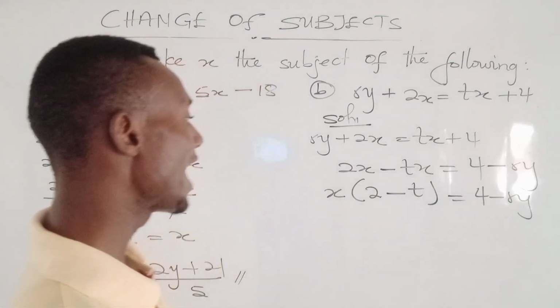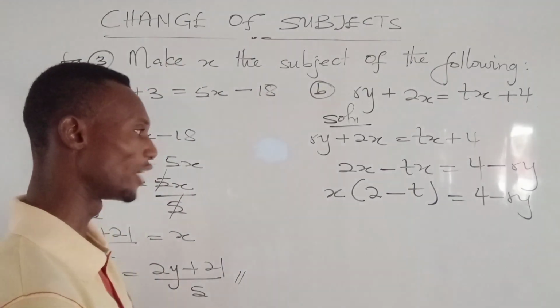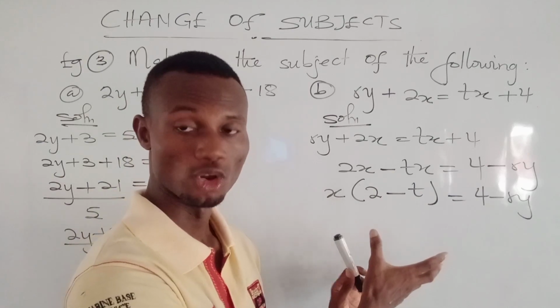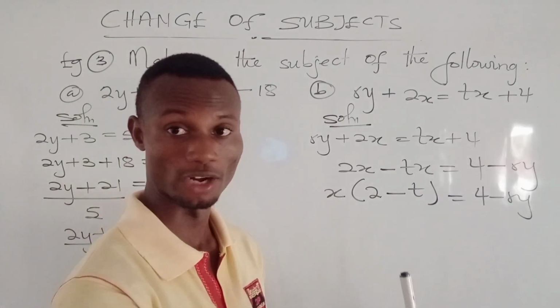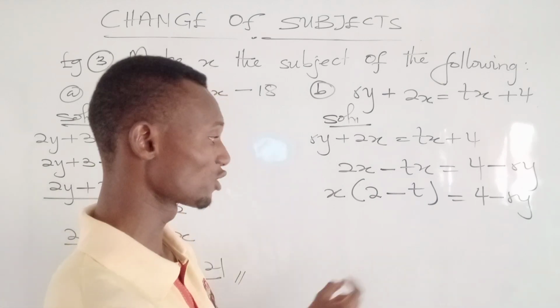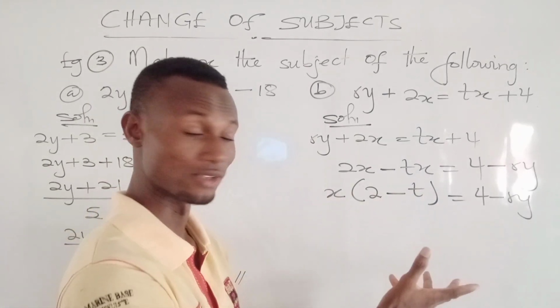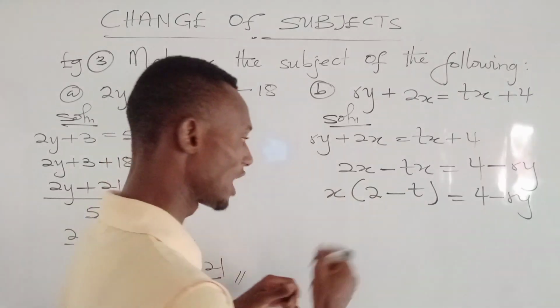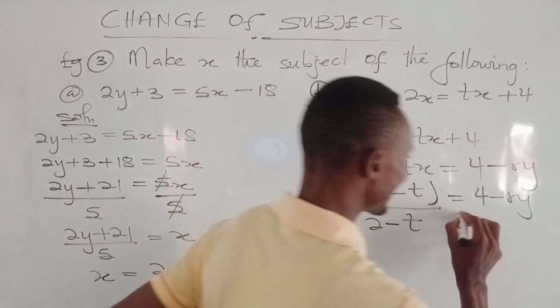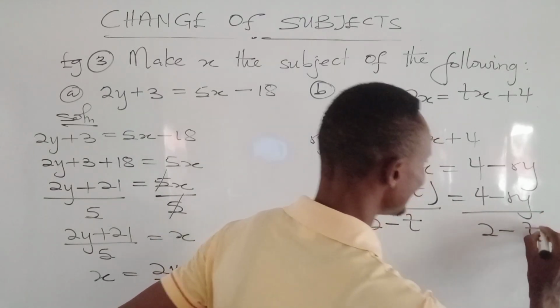For us to get our s to stand alone, you can see that this 2 minus t is multiplying the s. So for us to get s to stand alone, we are going to divide through by the coefficient of the s, and the coefficient of the s is this 2 minus t. They are multiplying, so now we can divide here by 2 minus t and here also by 2 minus t.